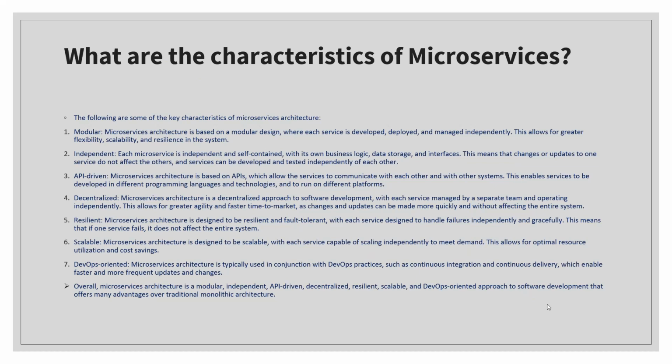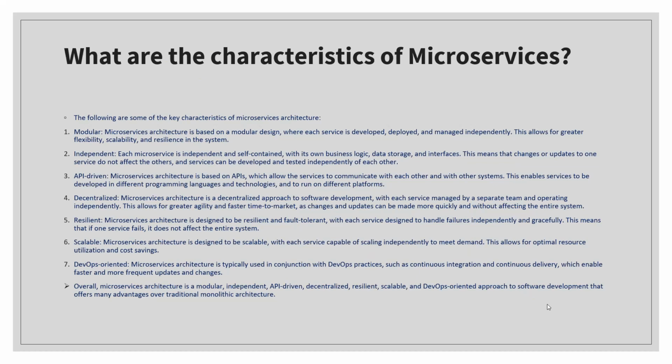Fifth point is resilient. Microservices architecture is designed to be resilient and fault tolerant, with each service designed to handle failure independently and gracefully. This means that if one service fails, it does not affect the entire system.